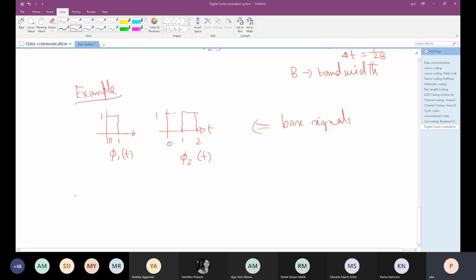So now let us take some signals. Zero, 1, 2. So this is say S1t.